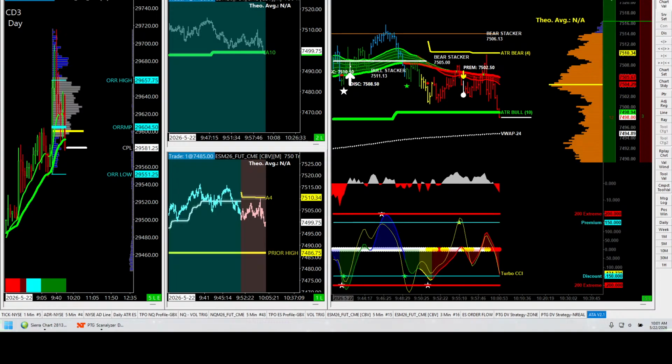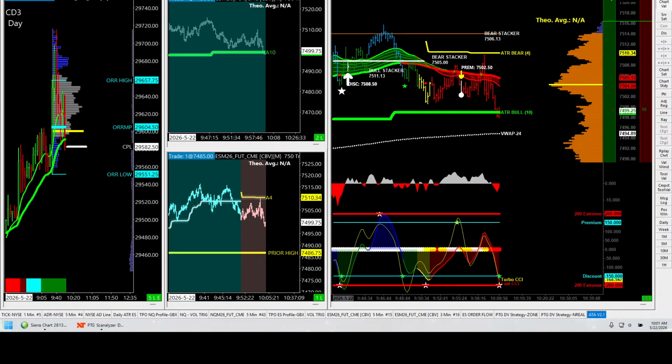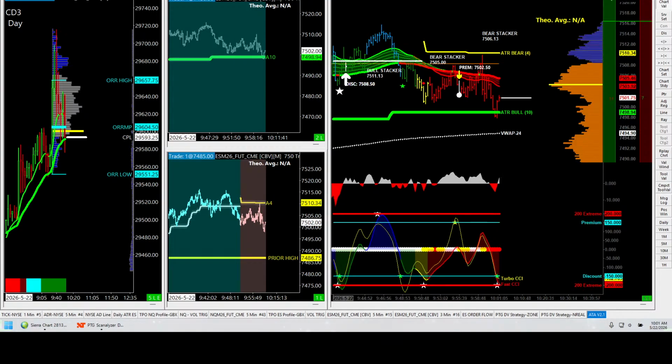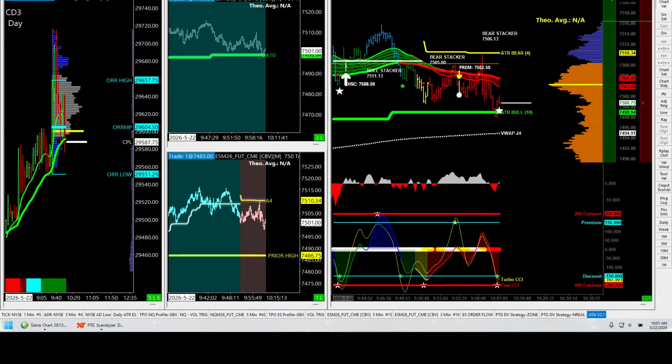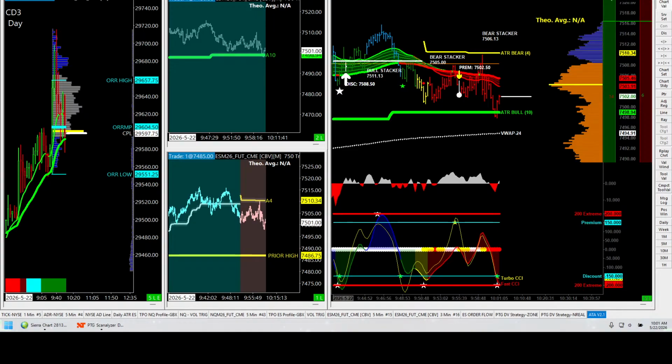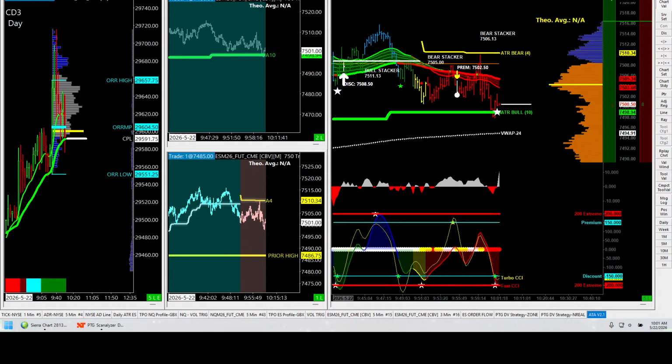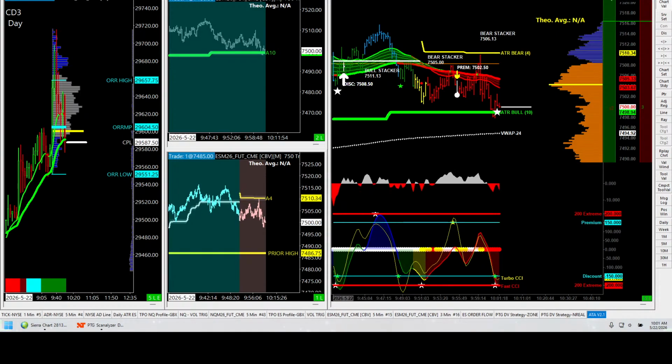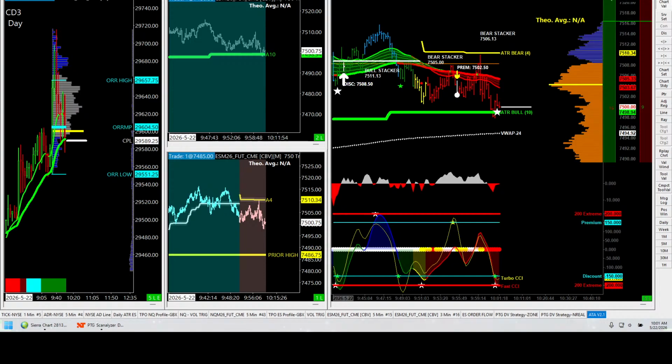All right, so if you showed off the money box MB1, as we spoke earlier, you got your D level here now. D level got tagged. So MB1, MB2, all played out, and that was again on the short side.